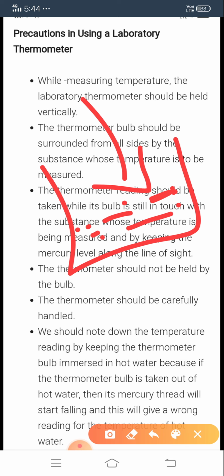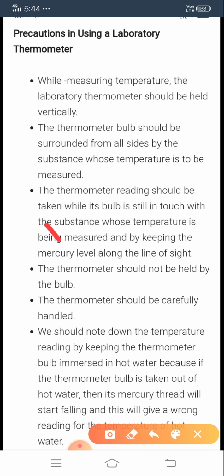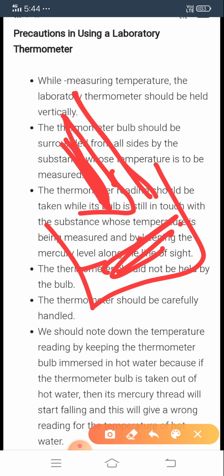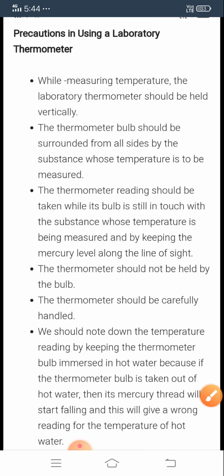We should note down the thermometer reading by keeping the thermometer immersed in the hot water, because if the thermometer bulb is taken out, then its mercury level starts falling down and gives wrong information for us.